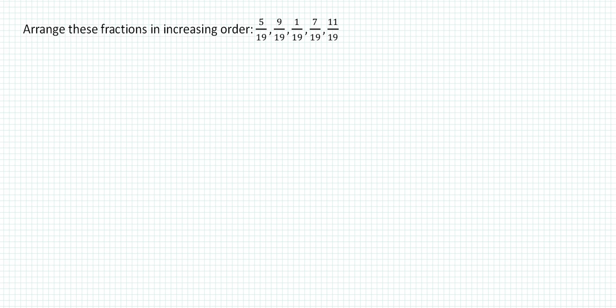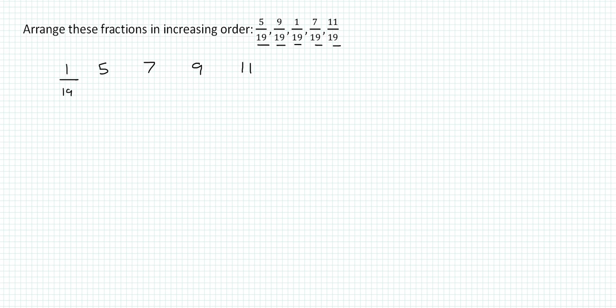Another example, arrange these fractions in increasing order. We can see here that all the denominators are the same for the fractions. So in increasing order, you're going to look at the numerators. Which one is larger? 1 is the smallest, 5 is next, 7 is next, 9 is next, and then 11 is next.